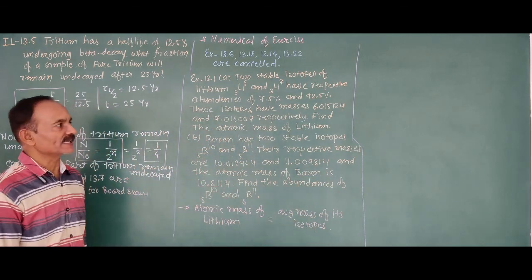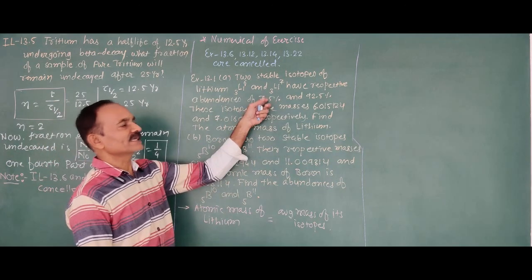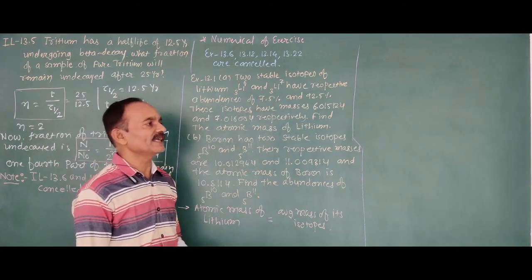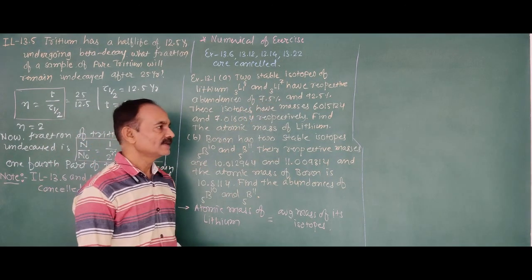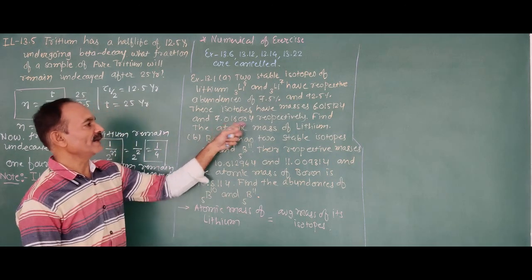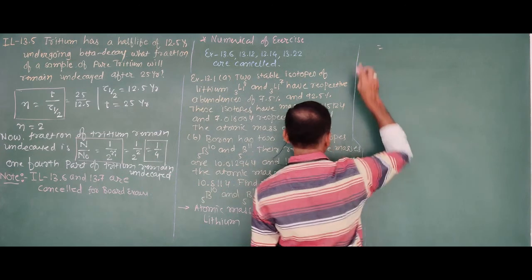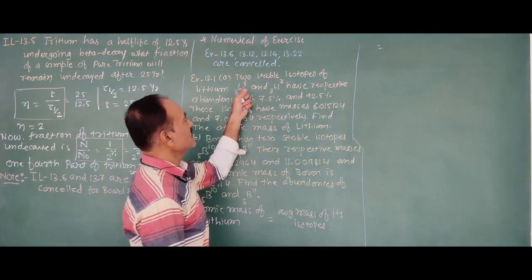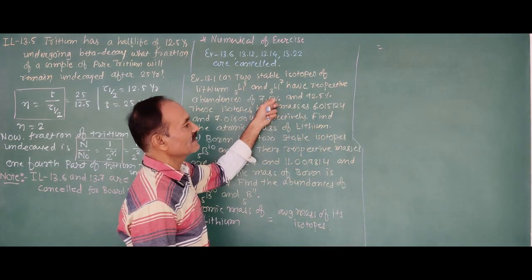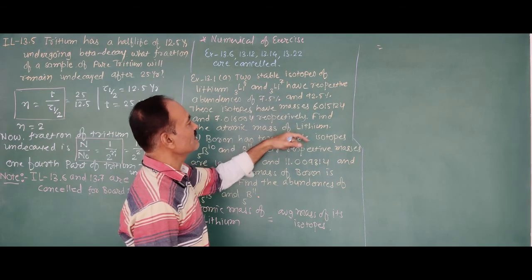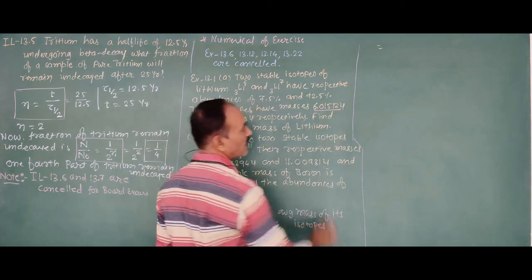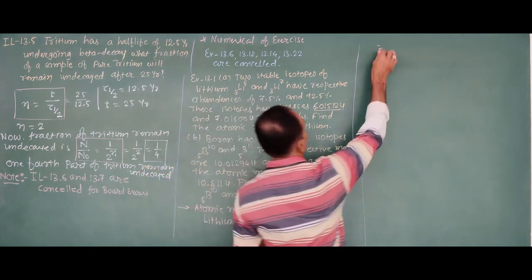Here two isotopes are given having different percentages, 7.5 and 92.5, and we have to find out the atomic mass of lithium. Therefore, lithium-6 has the percentage 7.5 and the mass is given as 6.01512.